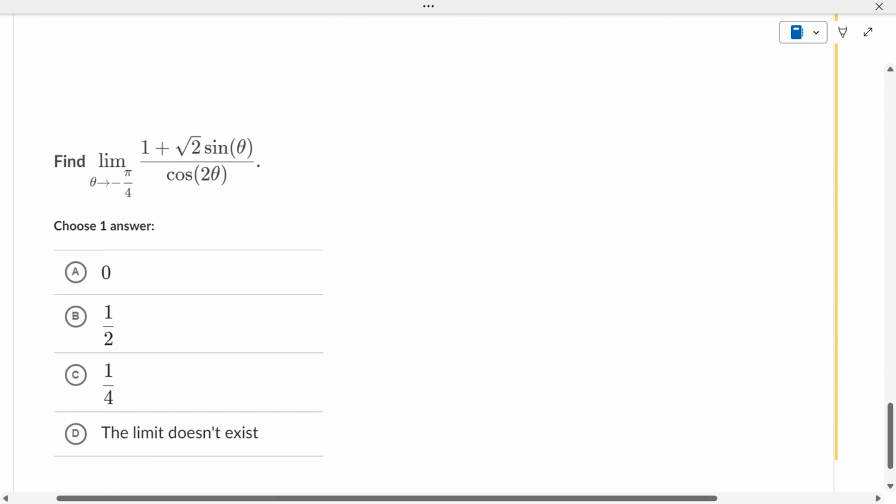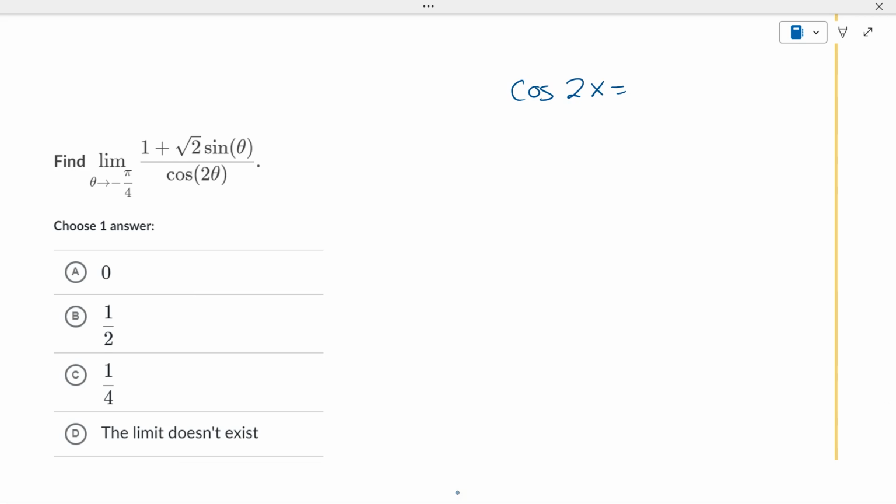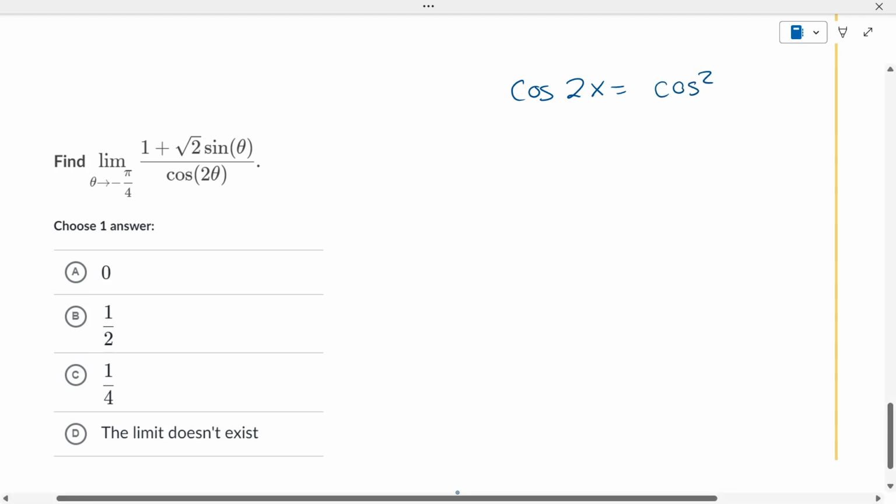The cosine of 2x equals 2 cosine squared of x minus 1.